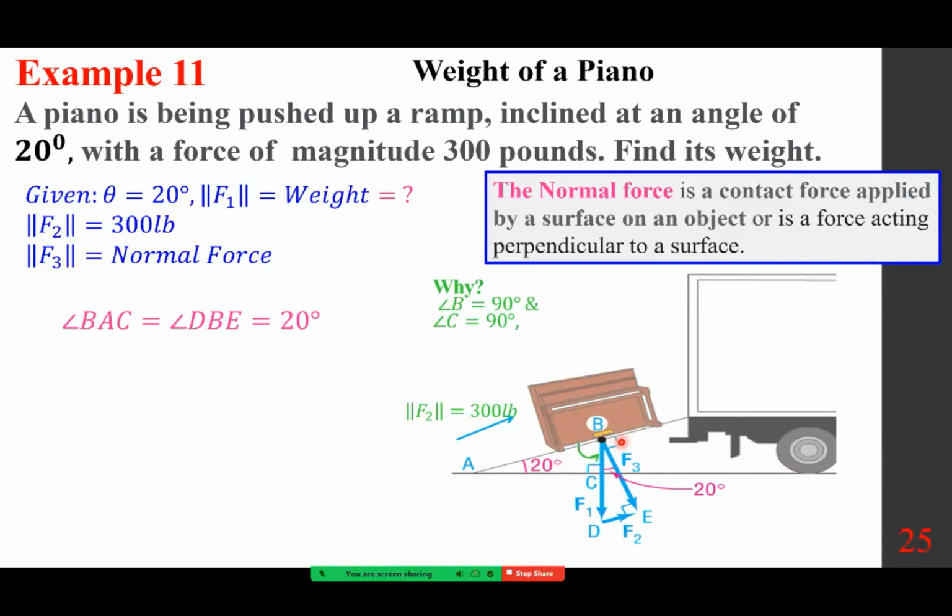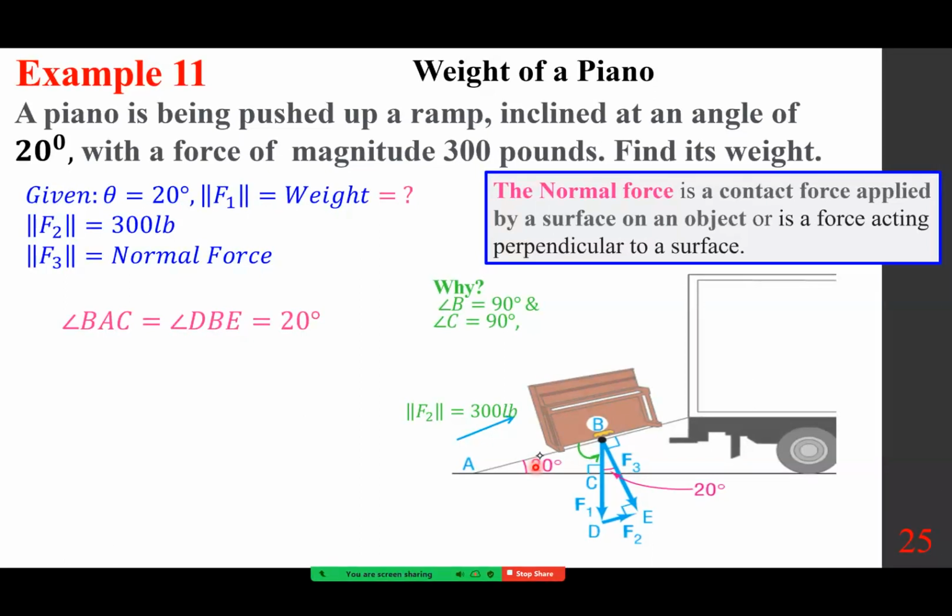So what happens is that this angle with 20 degrees add up to 90 degrees, right? Also, this angle with this one must add up to 90 degrees because this is 90, this is 90. So this must be equal to 20 degrees. This is the proof.